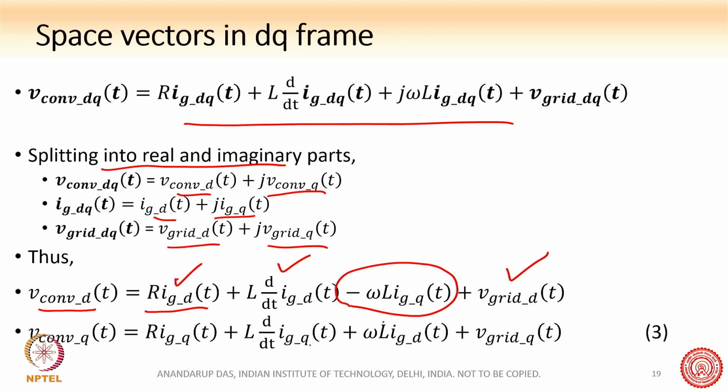Coming back to this equation, you see this omega L i_gq is here and omega L i_gd is here. So these are the two cross coupling terms present in the equations of the d axis and the q axis circuits of the plant.